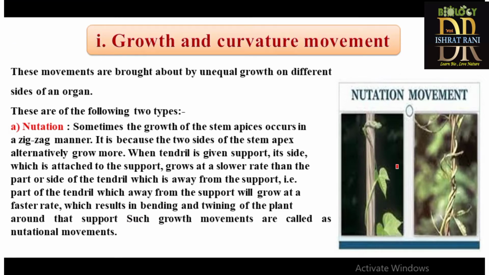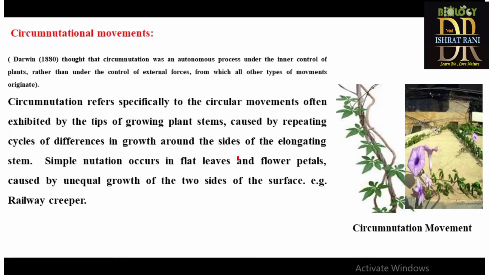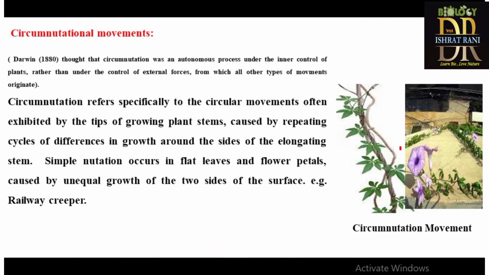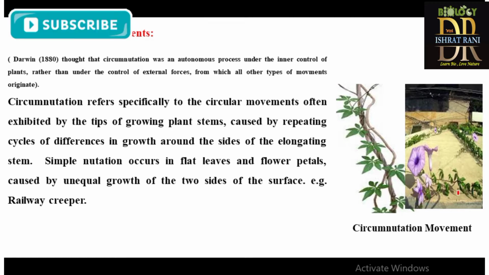Along with that, we have circumnutation movement. You will observe circumnutation movement in the railway creeper, where it is a circular movement, due to the tips of the growing plant or stem repeating cycles due to difference in growth. So simple nutation occurs in flat leaves and flowers, but circumnutation occurs in creepers. Here is the railway creeper.